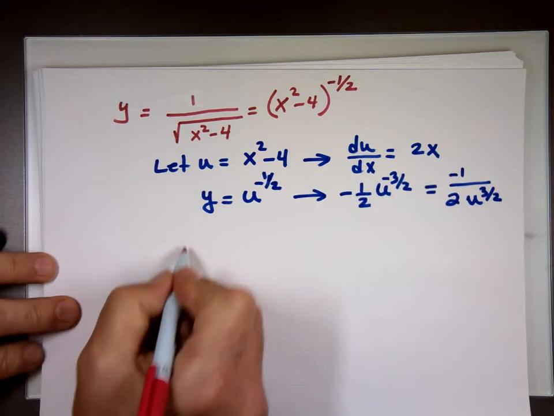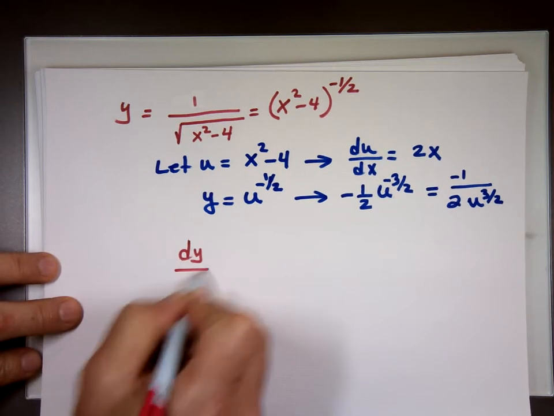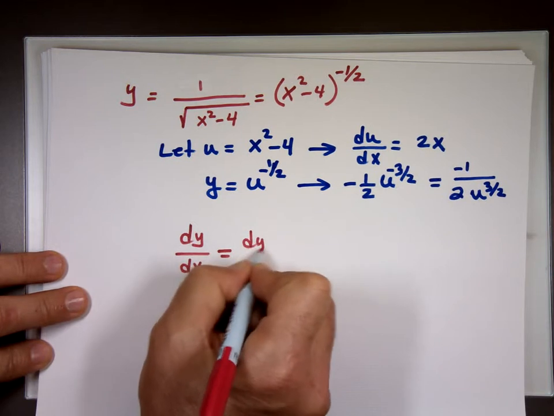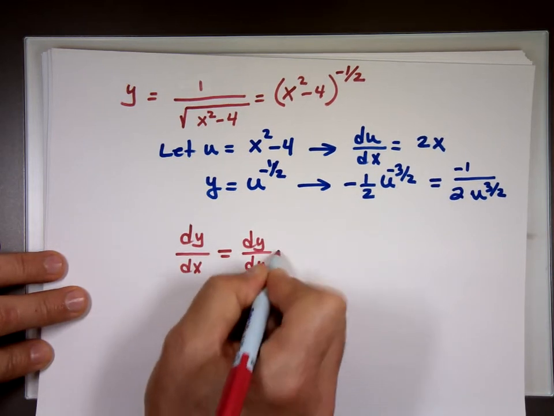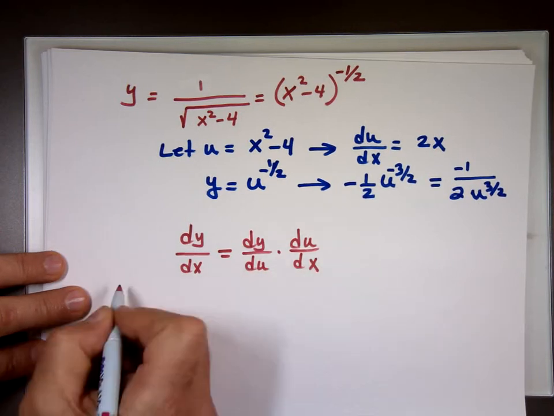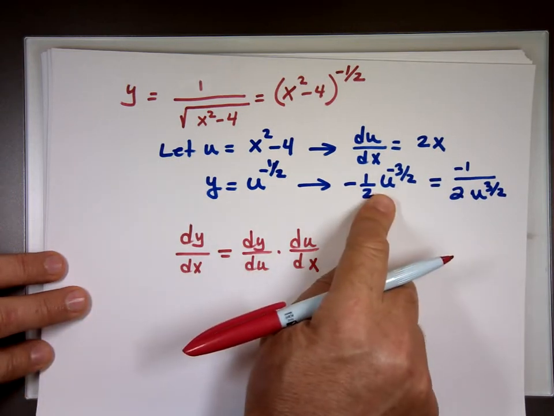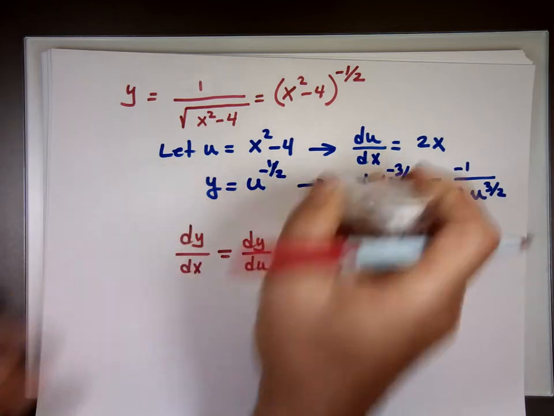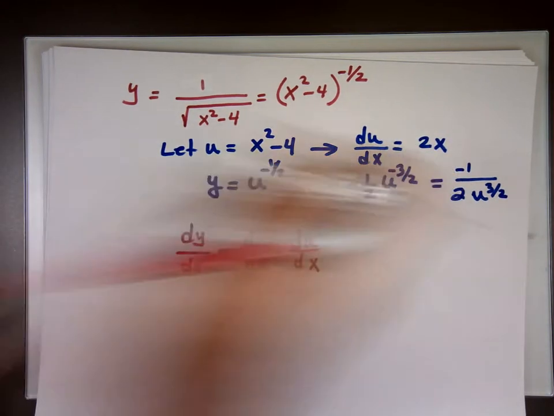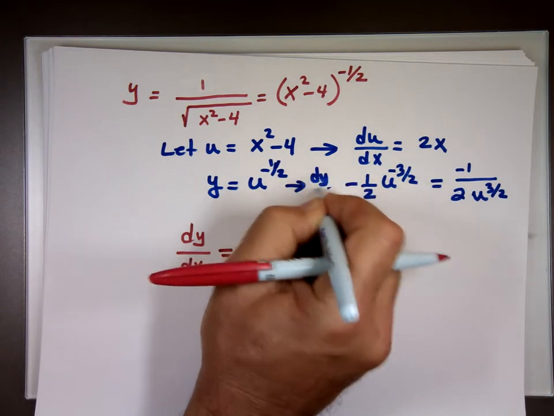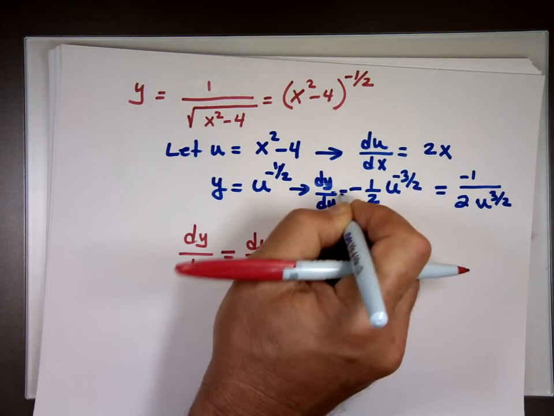So what's dy dx? It's dy du times du dx. I didn't write dy du here. Let me write dy du so you know that's the derivative here. I forgot to write it there.